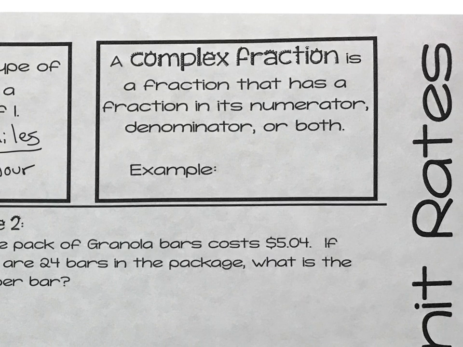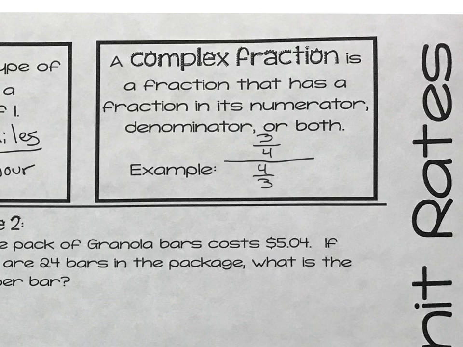All right, a complex fraction is a fraction that has a fraction in its numerator, denominator, or both. So in our case, let's say we've got 3 over 4 in the numerator. That's the top part. We also have a fraction in the denominator, let's say 4 over 3.